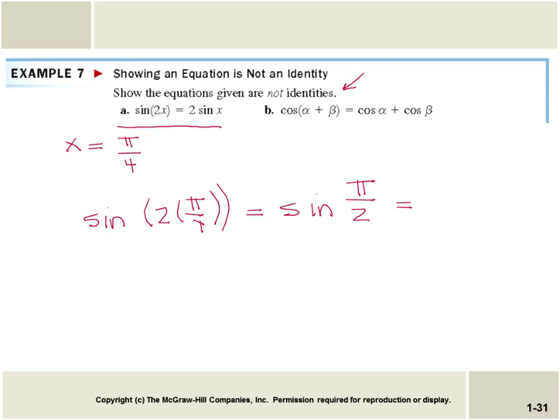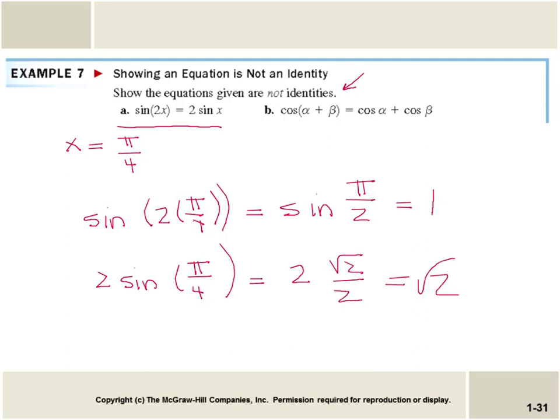Sine of pi over 2 is 1. So now let's say 2 times the sine of pi over 4. That's equal to 2 times the square root of 2 over 2, which is the square root of 2. These are not equal, so it's not an identity. That's it.